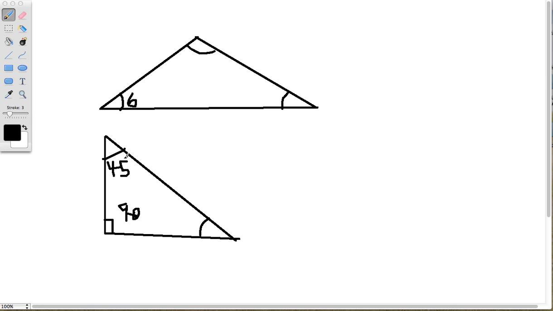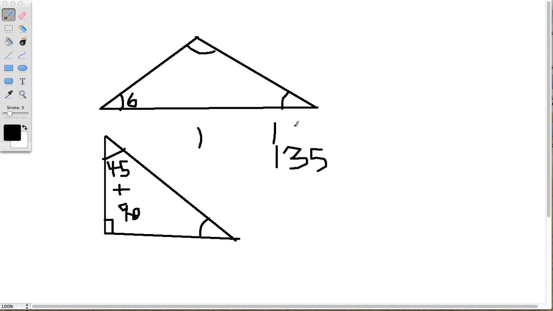We know all of the triangle's angles add up to 180. So 180 minus these two will give us this angle, because 180 minus these two will give the remaining angle. So first we have to add these two. You don't have to know the adding, but you have to know that they add up to 180. So 90 plus 45 is 135.